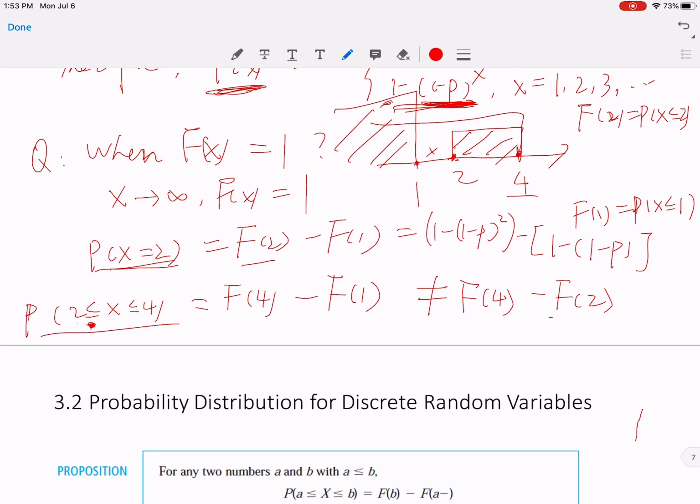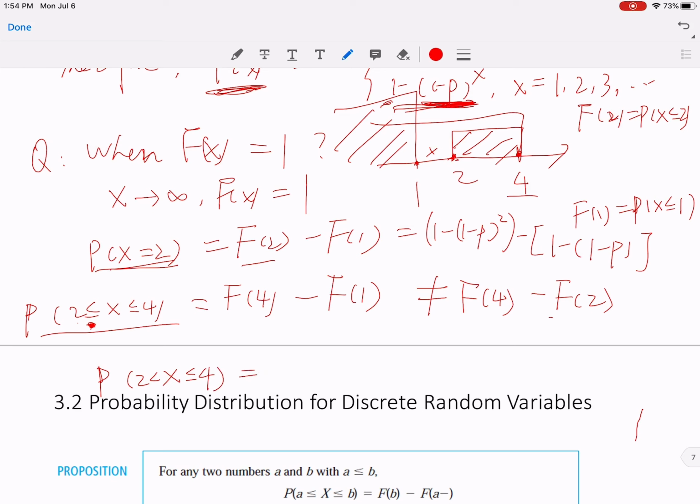Okay, but what if I want the probability that x is, let's say, greater than 2 but less than or equal to 4?